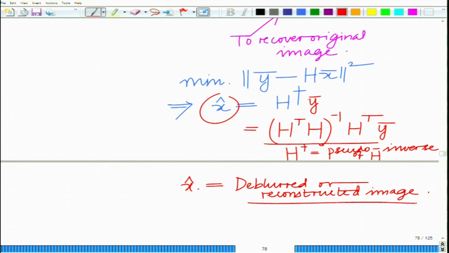This is your deblurred or reconstructed image.